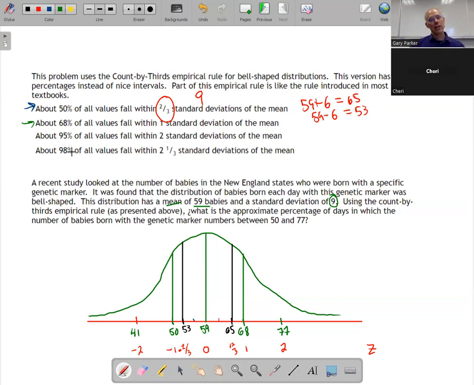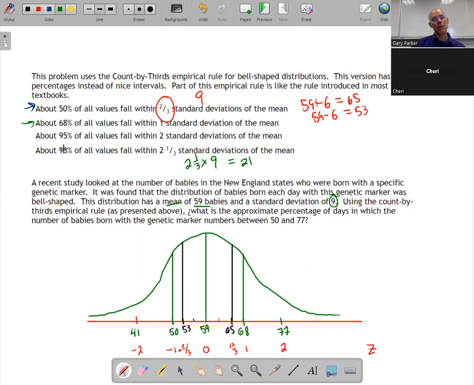And then the 98% from the mean would be 2 1/3 standard deviations. So again, a standard deviation is 9. 2 1/3 groups of 9 would be what? 9 and 9 is 18, plus 1/3 of 9 is 3. That would be, I think, 21 on a good day.